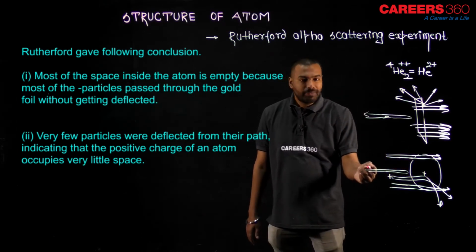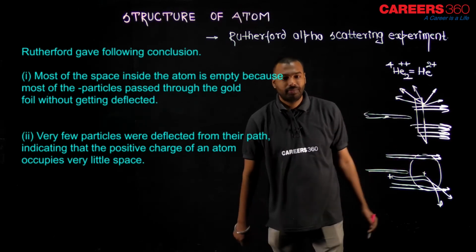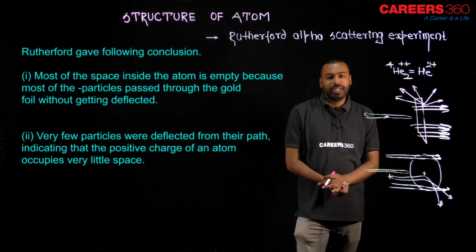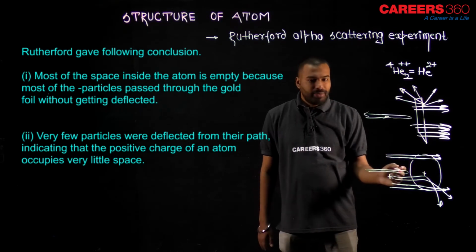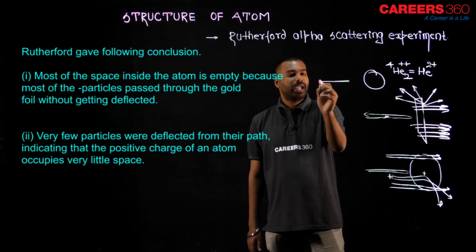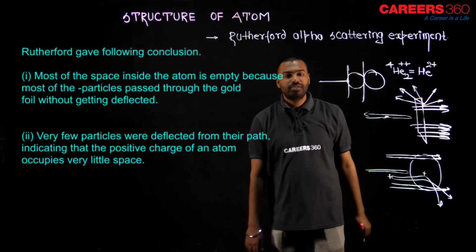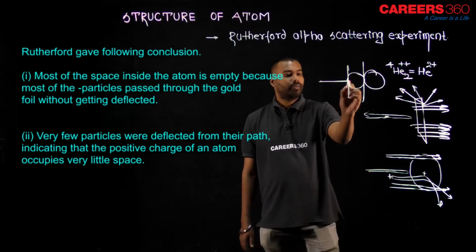It feels maximum repulsion when approaching the nucleus directly, and is not able to touch it. Understood? Suppose this is the atom, and the ray is coming and returning back. This distance is known as the distance of closest approach, R.